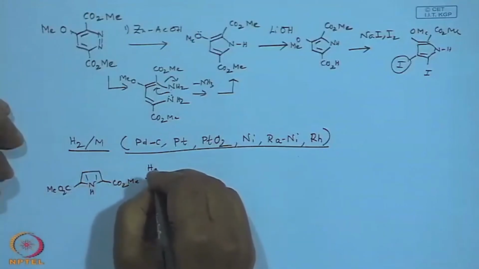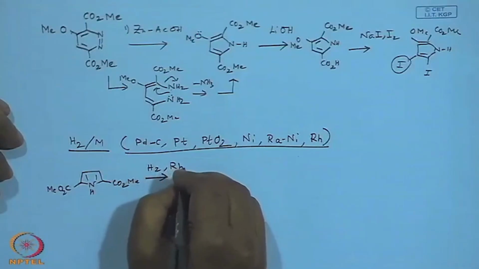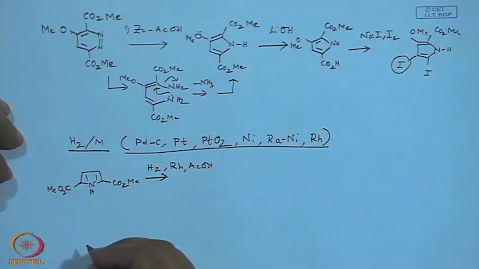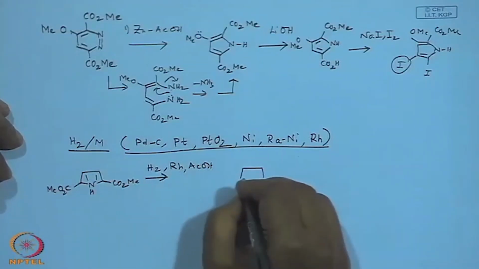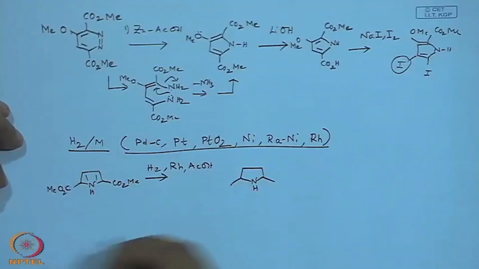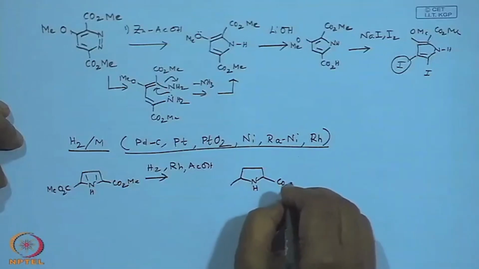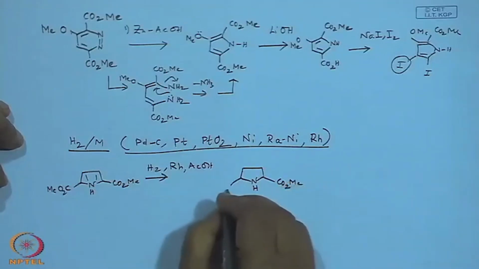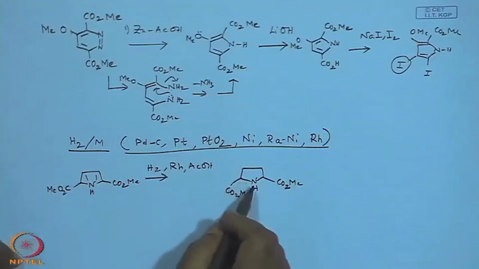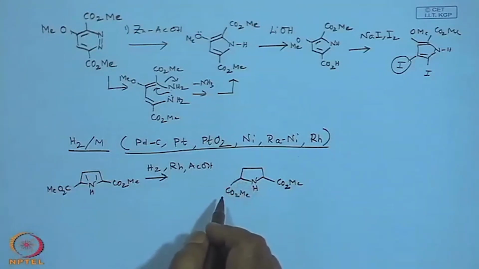The example I have here uses rhodium and acetic acid, and as usual this should undergo reduction to the fully saturated heterocycle, that is the pyrrolidine derivative, and the corresponding ester. Mind you, the carbon nitrogen bond is not being broken, the ester groups are remaining intact. Okay, there is no problem at all.